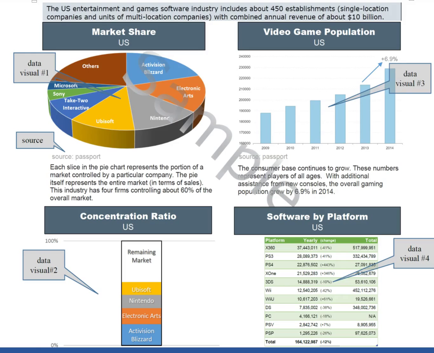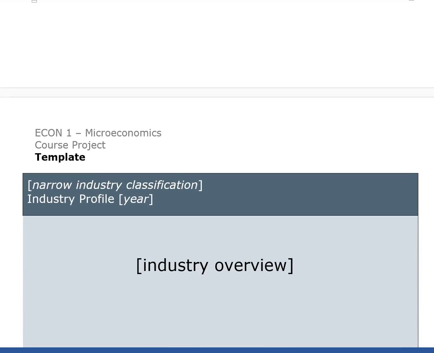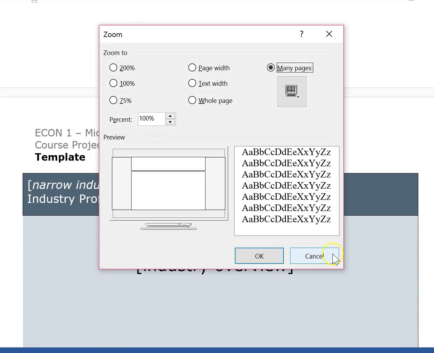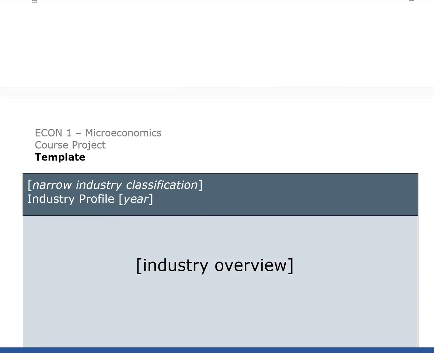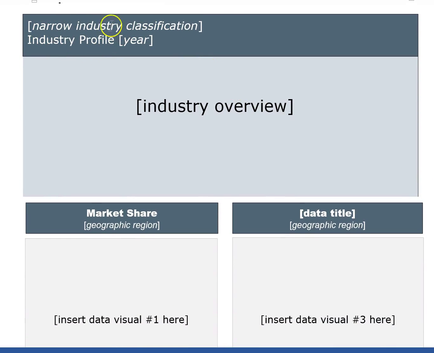And at the very bottom, you can see I've given you the blank canvas to work on. See this? This is where you type in the title of your industry. This is where you type in the market overview analysis, and this is where you insert your visualizations.